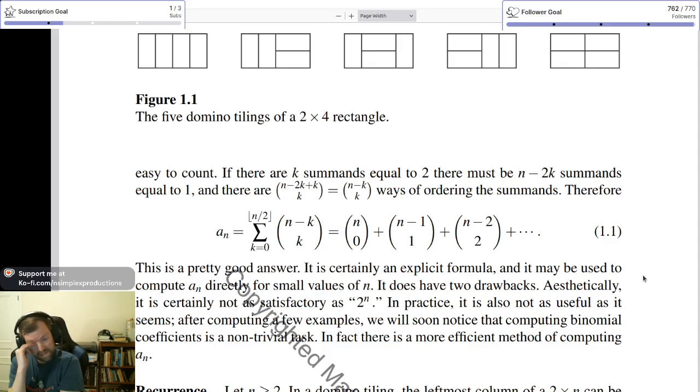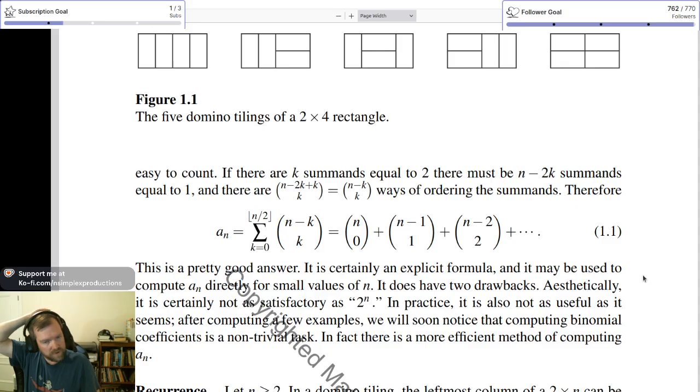Therefore, a sub n is equal to the sum, with k from 0 to floor of n over 2, of n minus k choose k, which is n choose 0 plus n minus 1 choose 1 plus n minus 2 choose 2, etc.